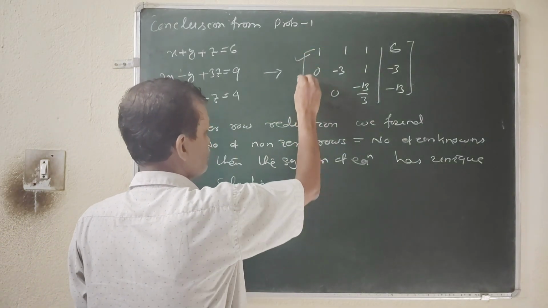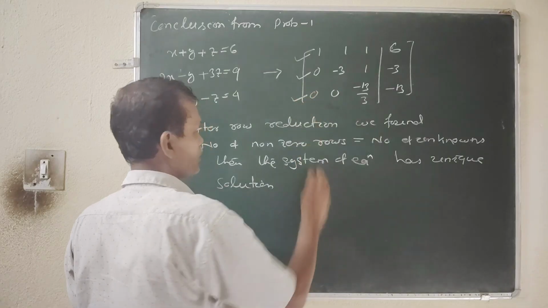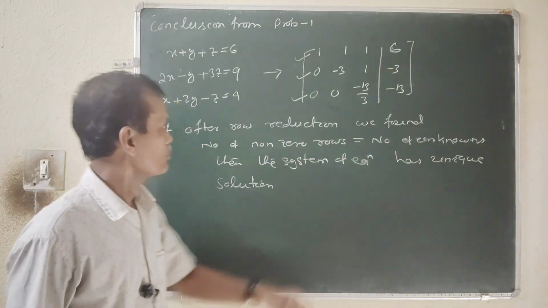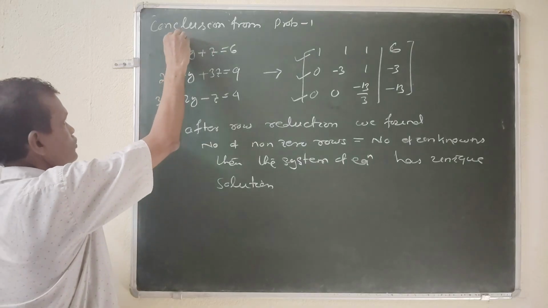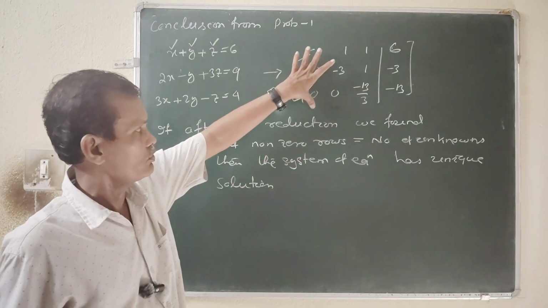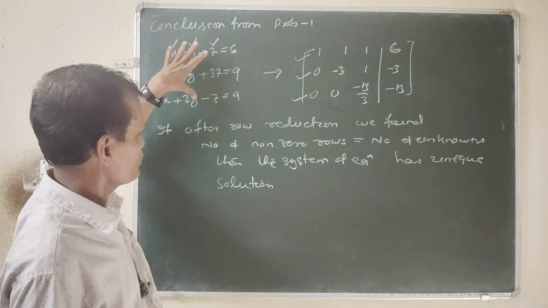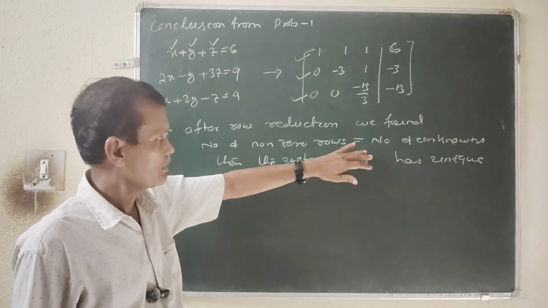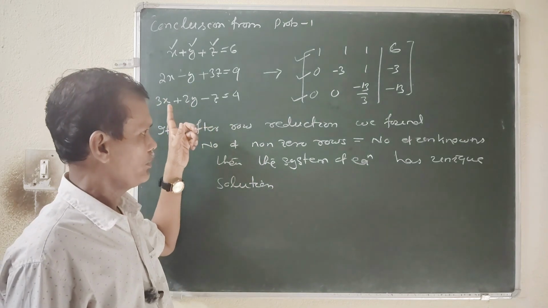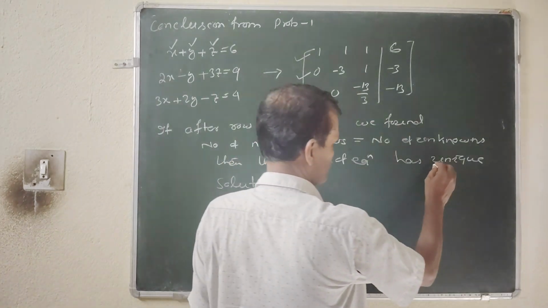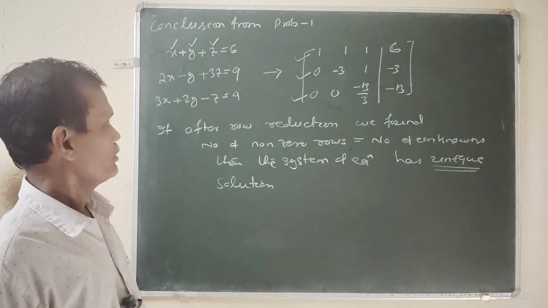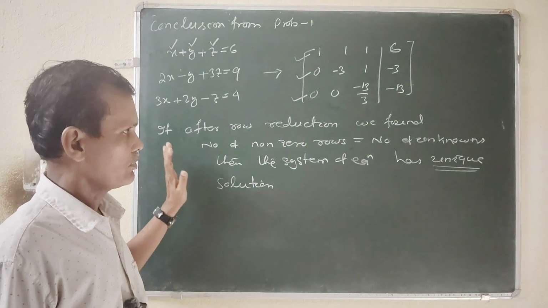This is one non-zero row, this is one non-zero row, this is one non-zero row. If the number of non-zero rows is equal to the number of unknowns, what are the unknowns? x is one unknown, y is one unknown, z is one unknown. That means there are 3 non-zero rows and here there are 3 unknowns. If they are the same, then we conclude that this system of equations will have a unique solution. Unique solution means it will have only one solution. So this is the conclusion from example 1.